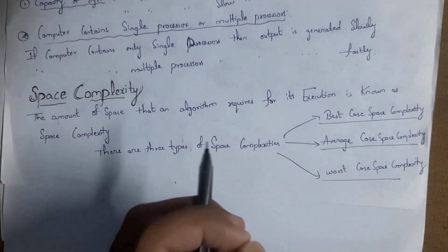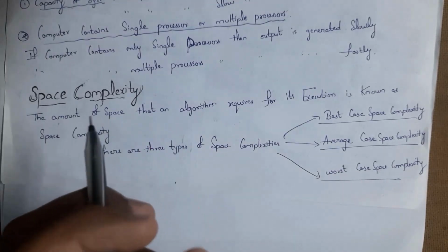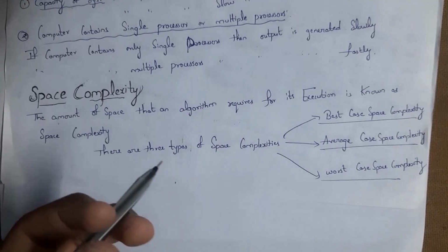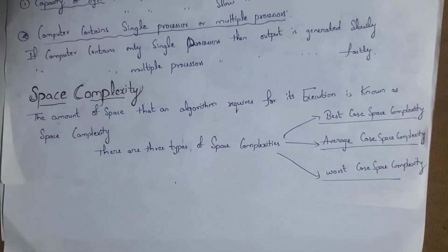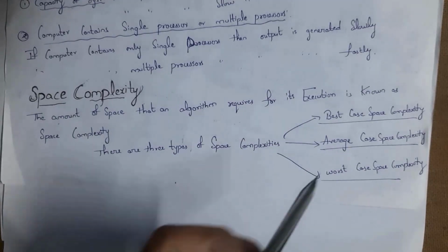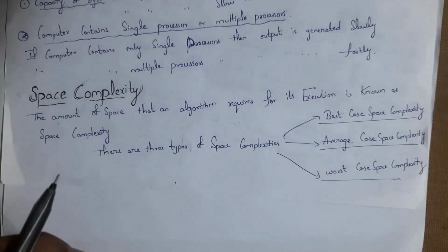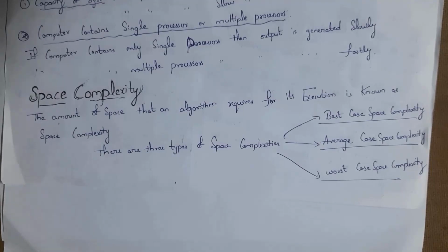If an algorithm requires minimum amount of space for its execution, then it is known as best case space complexity. If an algorithm requires average amount of space for its execution, then it is known as average case space complexity. And if an algorithm requires maximum amount of space for its execution, then it is known as worst case space complexity.